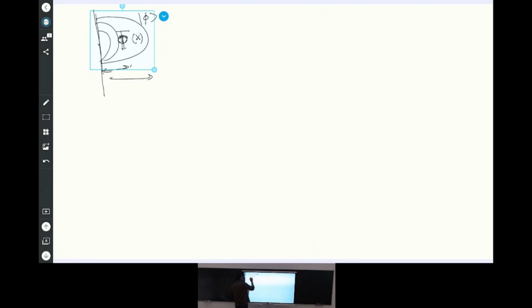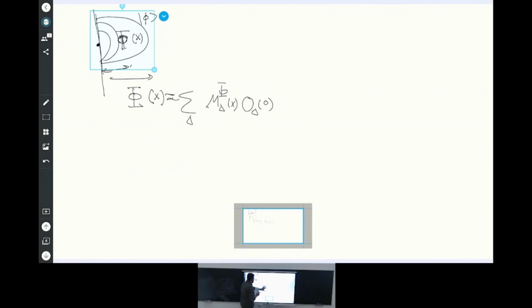Eventually it will project into a boundary insertion here, right? So what I'm trying to say is that a field in the bulk can be expanded in a basis in terms of the boundary operators. So there is an expansion of this type, and we want to make use of this to impose this locality constraint.